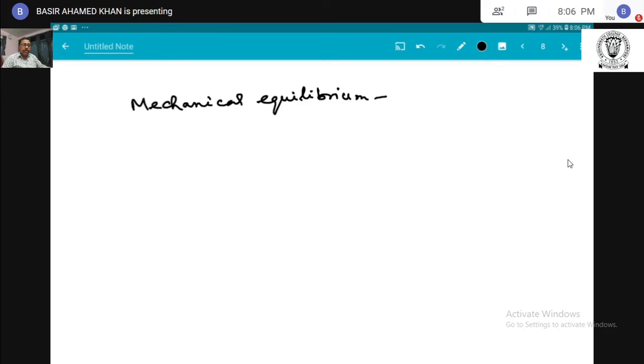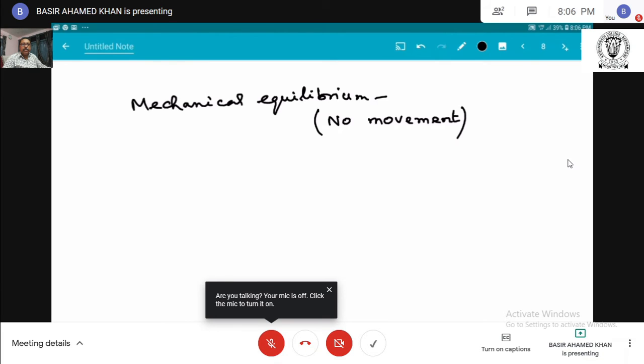Then the system is in mechanical equilibrium. That means there is no movement within the system or of the system with respect to surrounding. Then this is mechanical equilibrium.